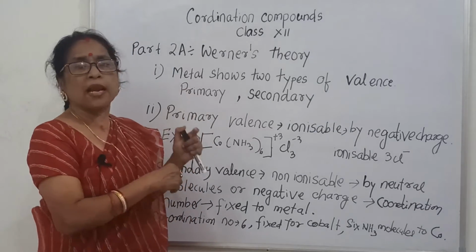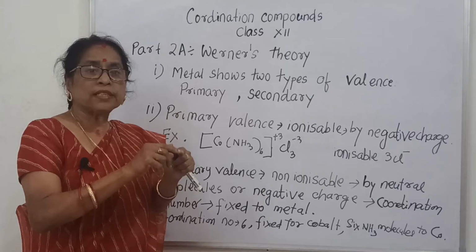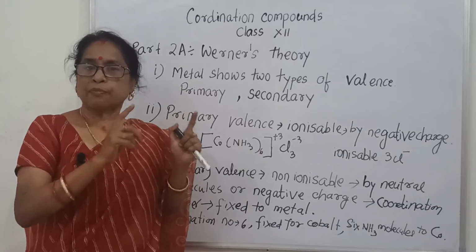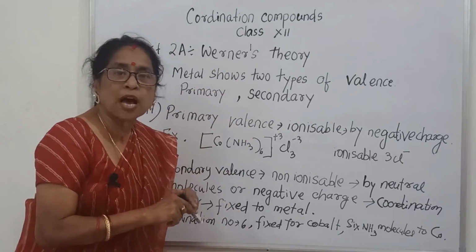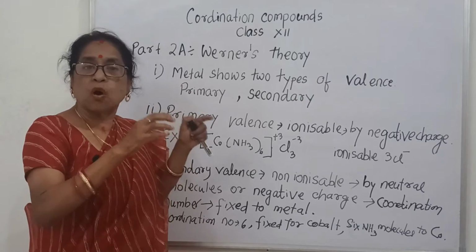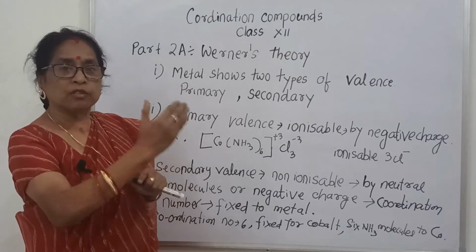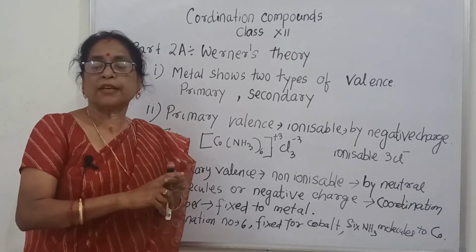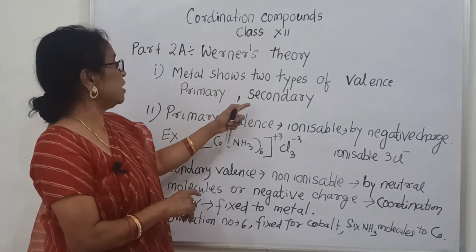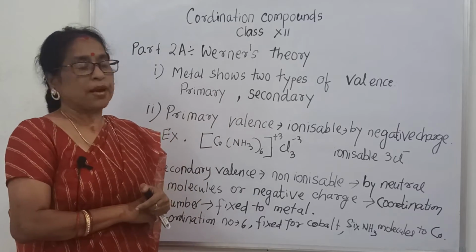Actually primary valency is the ions and anions present outside the square bracket, and those are only negative ions, and here it is called primary valency.